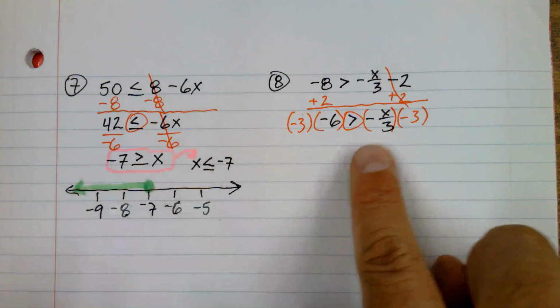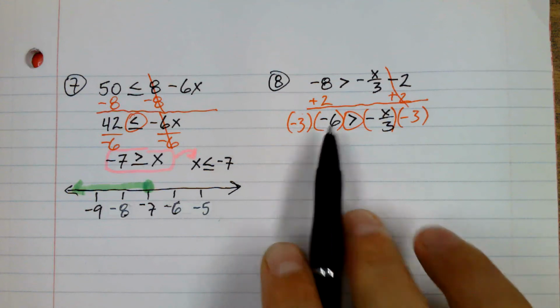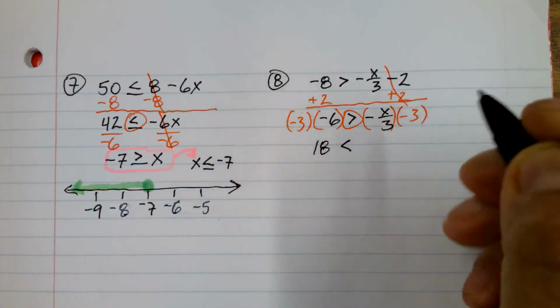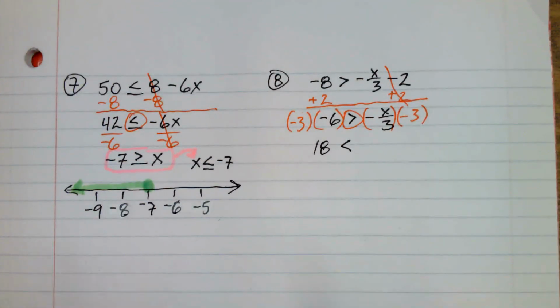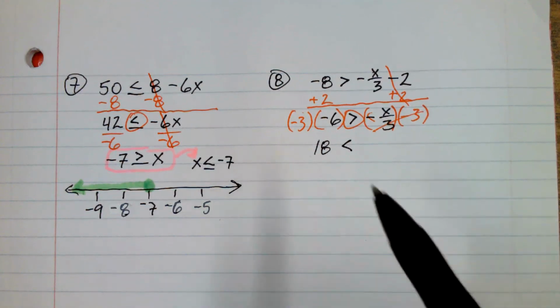Whenever I multiply or divide, I just automatically circle. That's a visual cue. Don't forget to flip the inequality symbol. Okay? So now let's see here. Negative times a negative, that's a positive. Flip this. These cancel. I'm left with x.